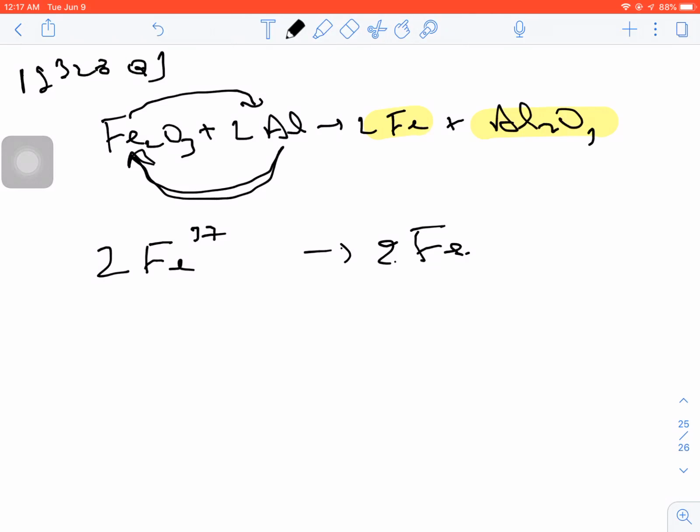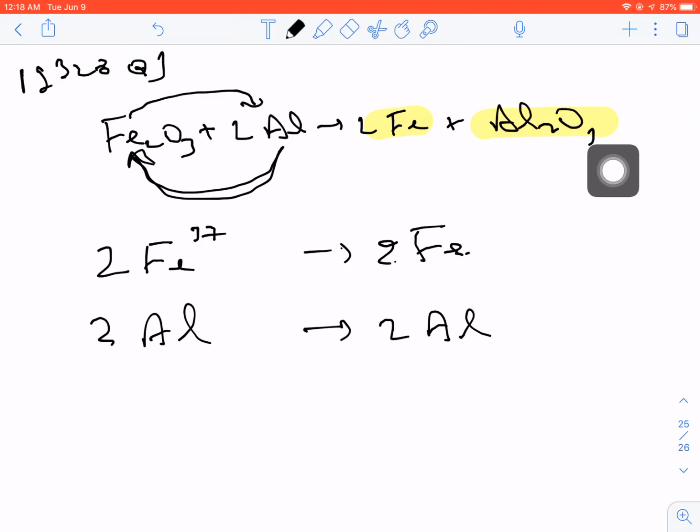Now I also have aluminum here, of which there are 2, and it is going to get converted into Al2O3, so I'm going to get 2 aluminums, but again, remember, the 3 down here represented the aluminum's charge. We've crisscrossed, like we started in grade 10. So aluminum is +3.